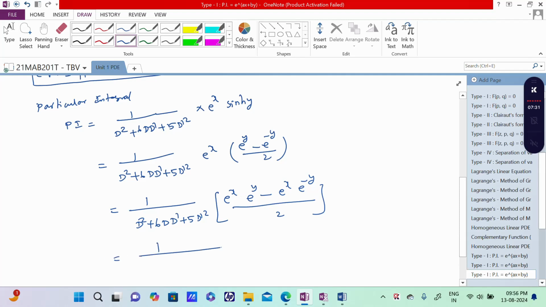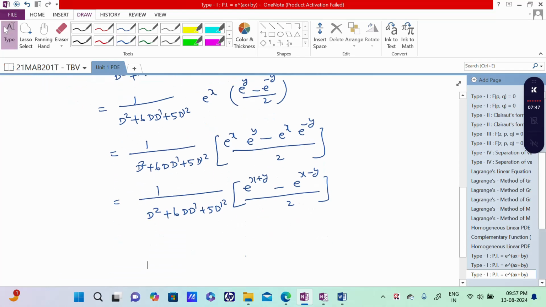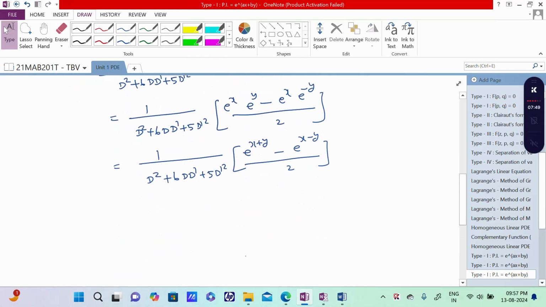Therefore, (D square plus 6D D dash plus 5D dash square) of (e power x plus y minus e power x minus y), whole divided by 2. Now this is particular integral 1, particular integral 2.